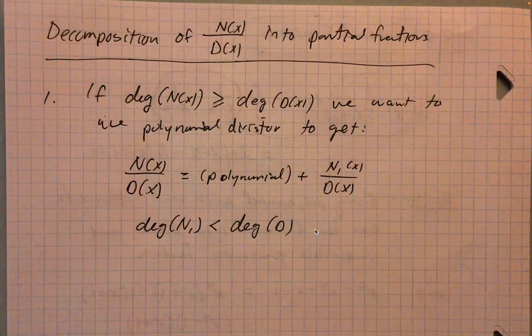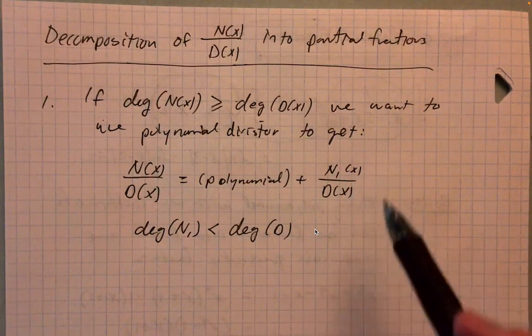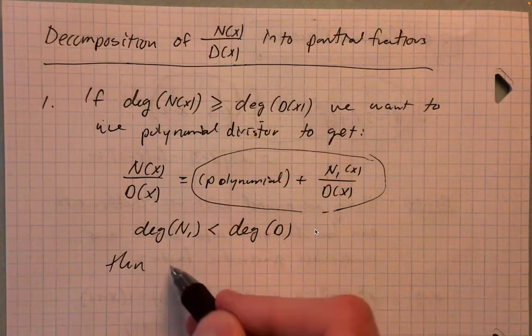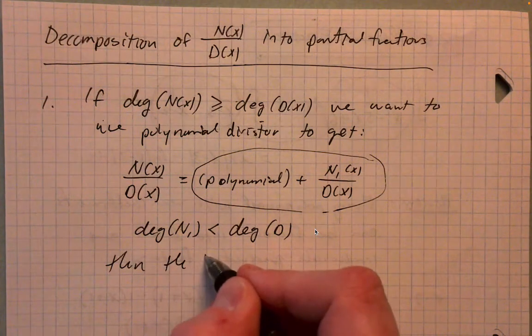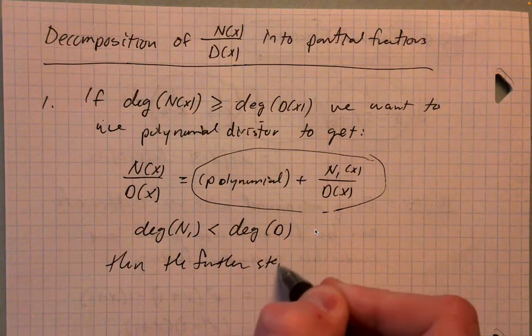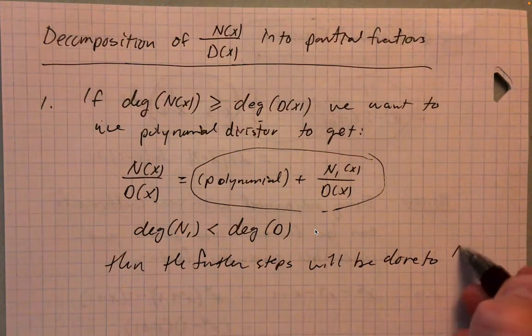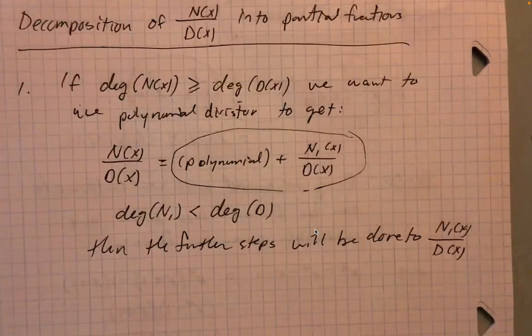If you're dealing with an improper rational function, you want to do this polynomial division to get this form here. And then the further steps will be done on this part of it, n1 over d.